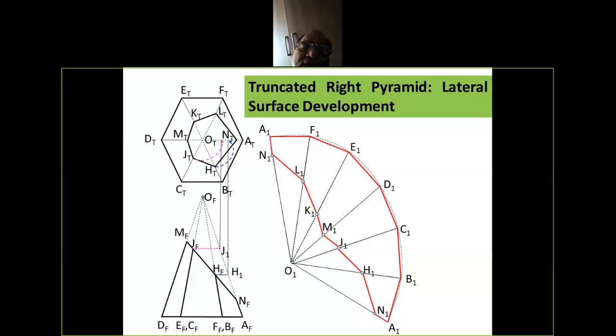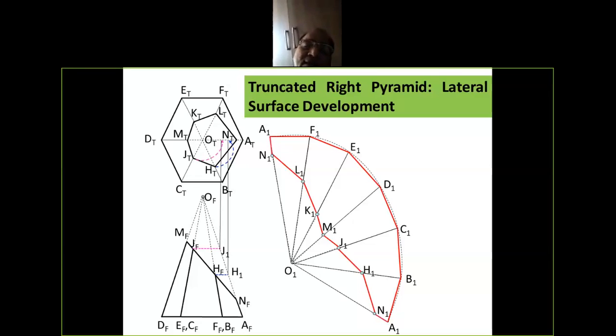In that case we make a center. On the other hand, this pyramid is truncated from the M1 N1 line, and this will cut the axis and all side generators at M1, and in that case we have developed this truncated pyramid.